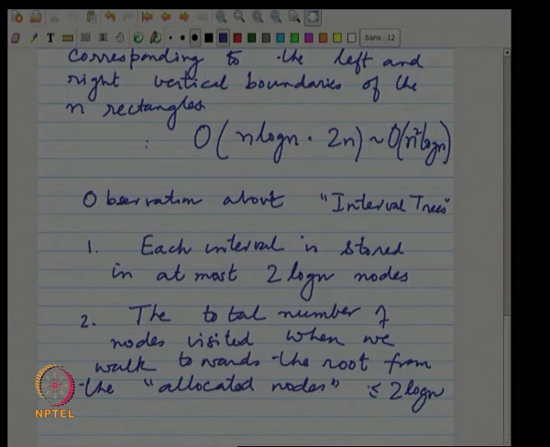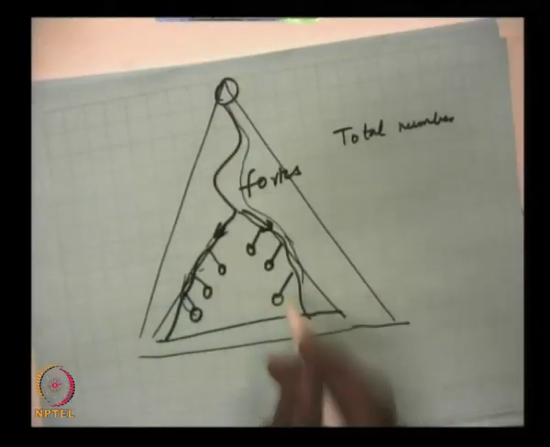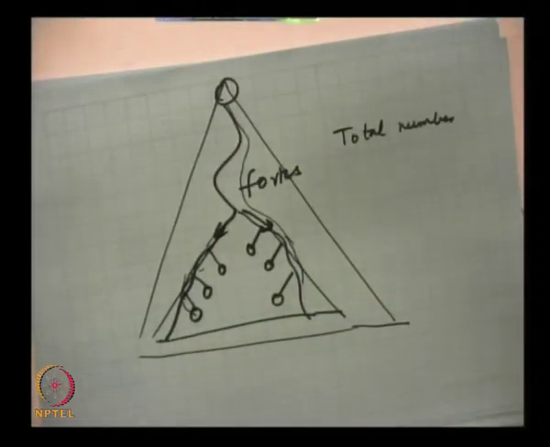To represent an arbitrary interval, we figured out the storage nodes for that particular interval, and observed that there are at most 2 log n allocation nodes for each interval. Moreover, these allocation nodes have a very nice structure: when you walk up from these nodes towards the root, you are not going to visit more than about 2 log n nodes. So, this gives us an order log n update time for adding or deleting an interval.